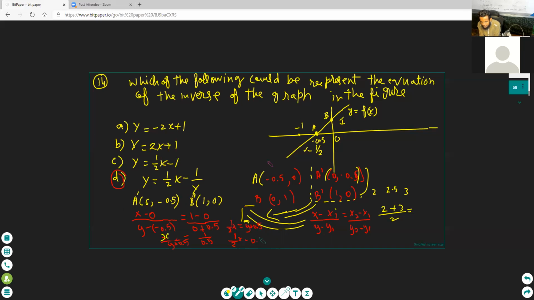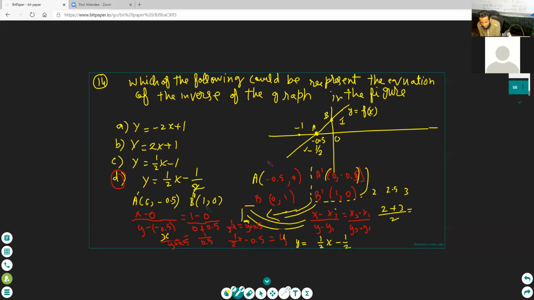So minus 0.5 equals y, like that. Then y is equal to 2x minus 0.5, and the equivalent of 0.5 is 1 over 2. Here I have written y equals 2x minus 1 by 2.